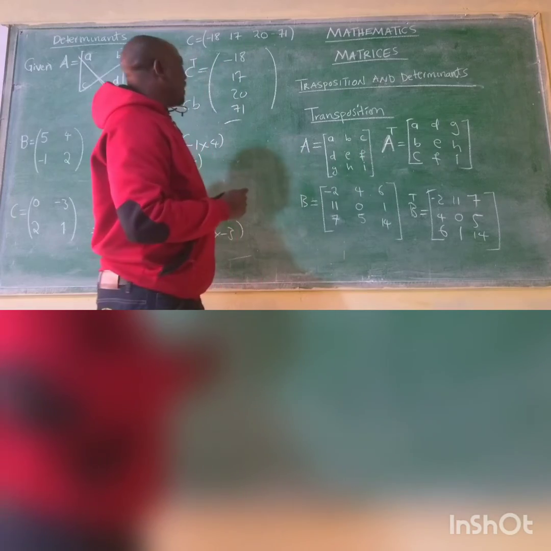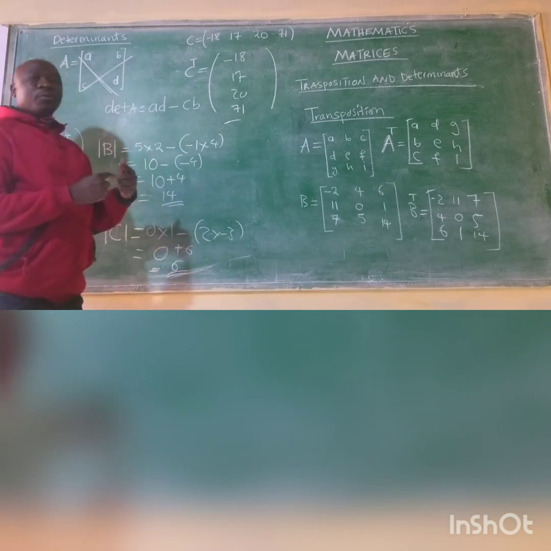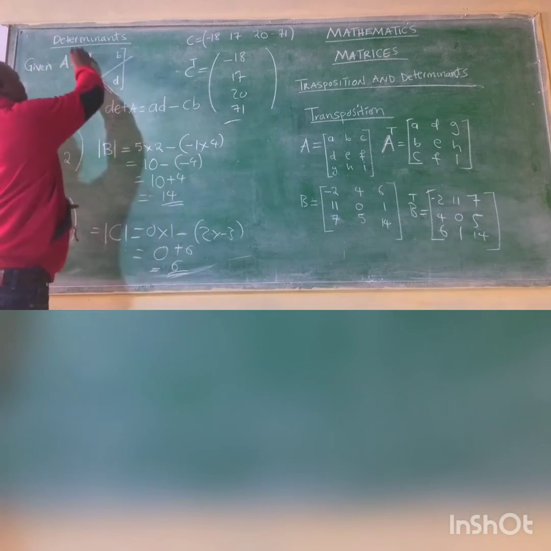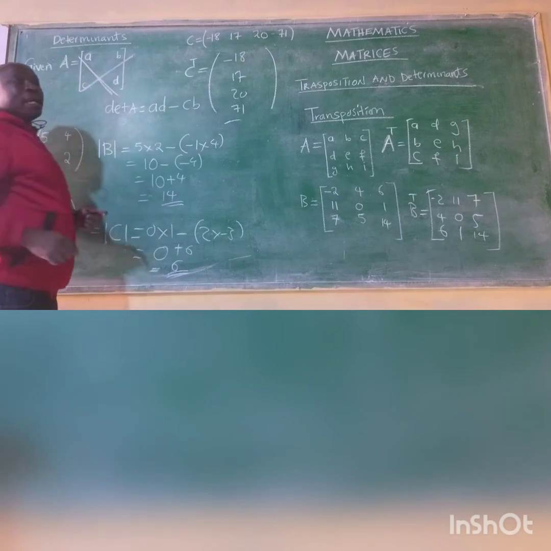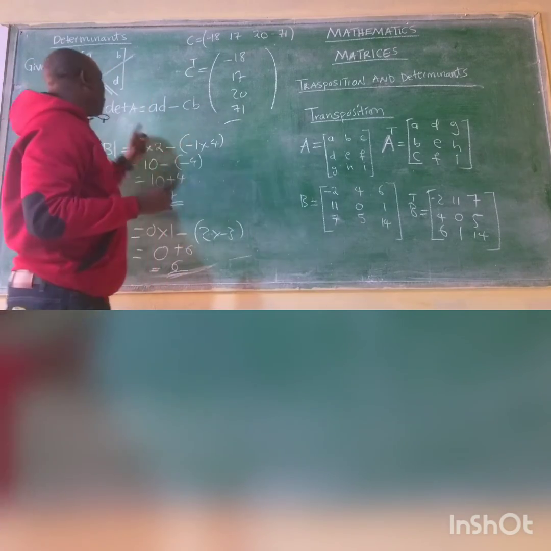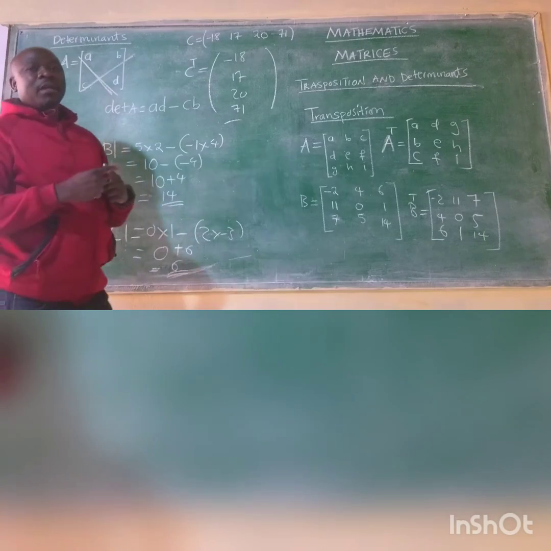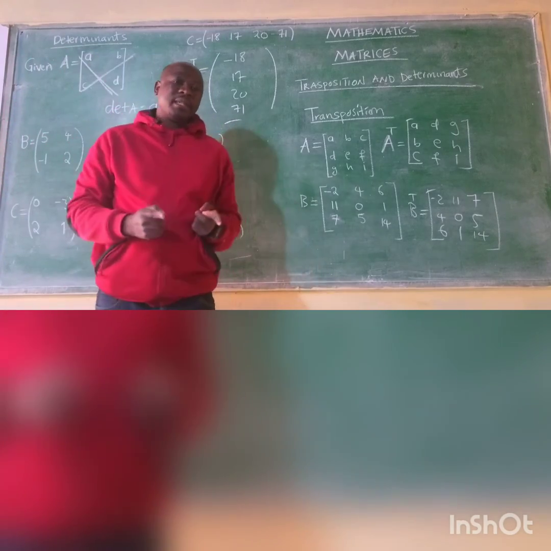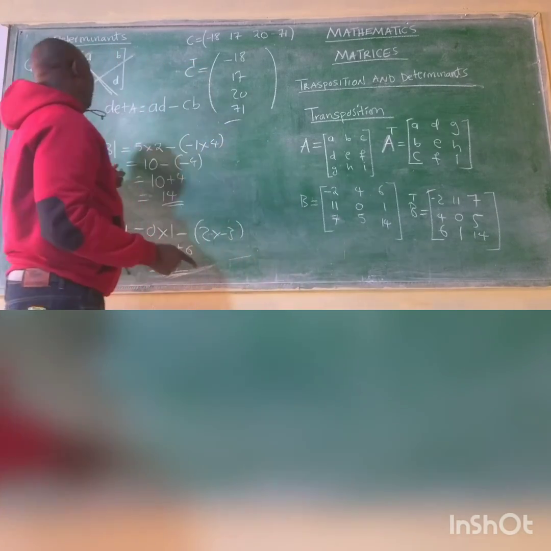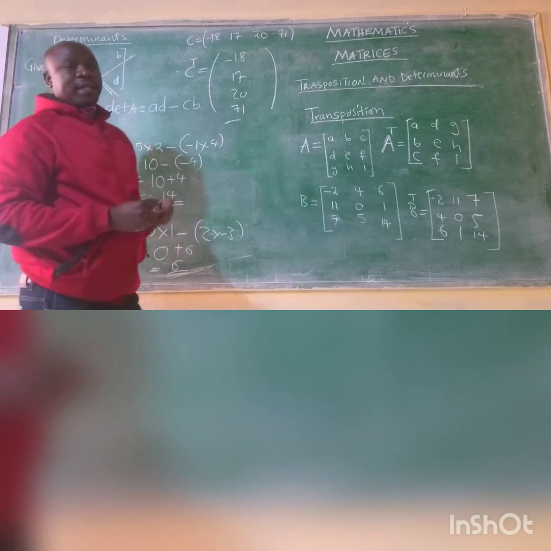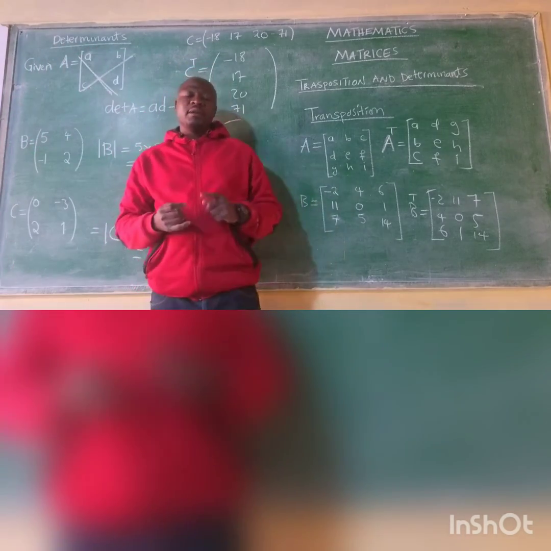Also, when you are finding the determinant, you multiply the leading diagonal minus the minor diagonal all the time. So you should never swap these ones. The moment you swap them, you will miss your solution. You will not get the answer correctly. So this is how you find the determinant, and also this is how you find the transpose.